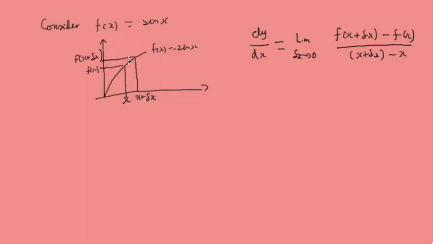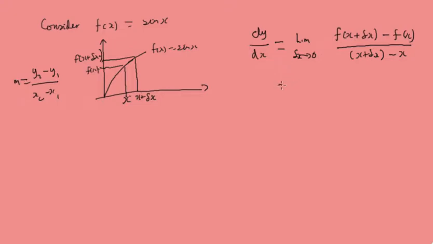So this is, if you remember, our general rule for the gradient m is y2 minus y1 over x2 minus x1. So that is our y2, our y1, x2, x1, and that, because the derivative is the same as the gradient, that's where this comes from.